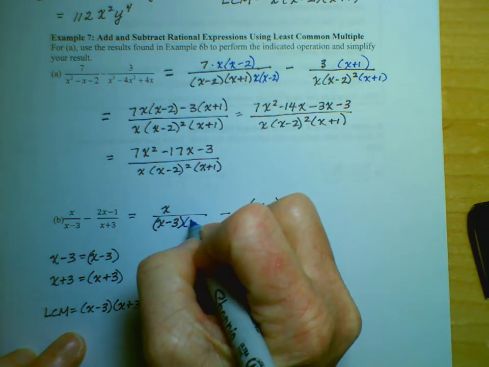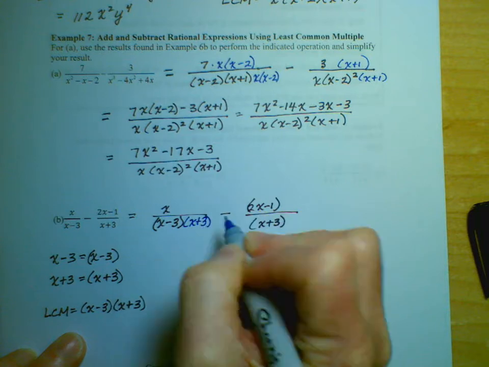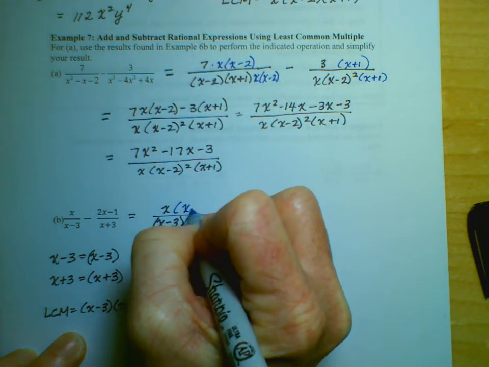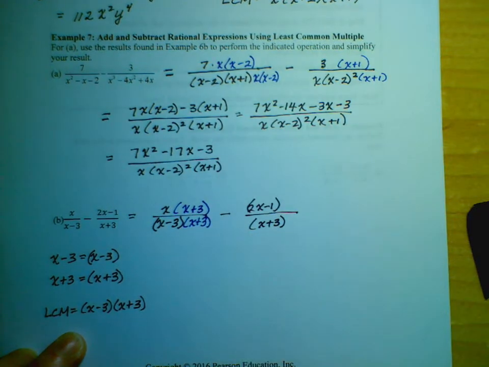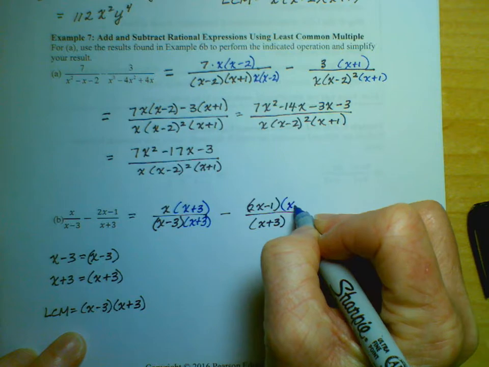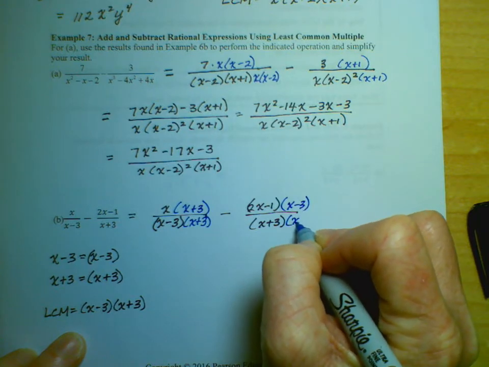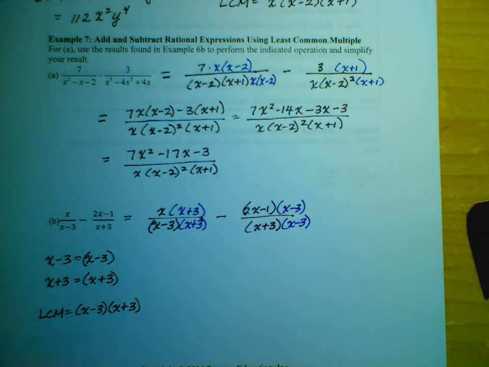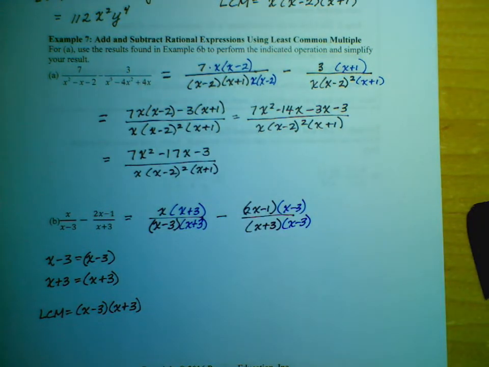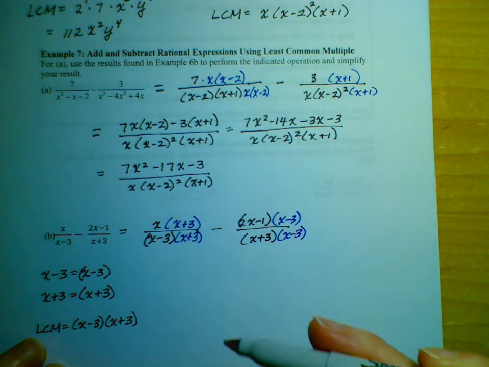It's missing x plus 3, but I can't just put that on the bottom. That would change the whole thing. I have to put it on the top also. Okay, what is the other one missing? It's missing the x minus 3. So now you see we have a common denominator. Now I don't want to cancel these out, I just put them there. The whole point was to get a common denominator.